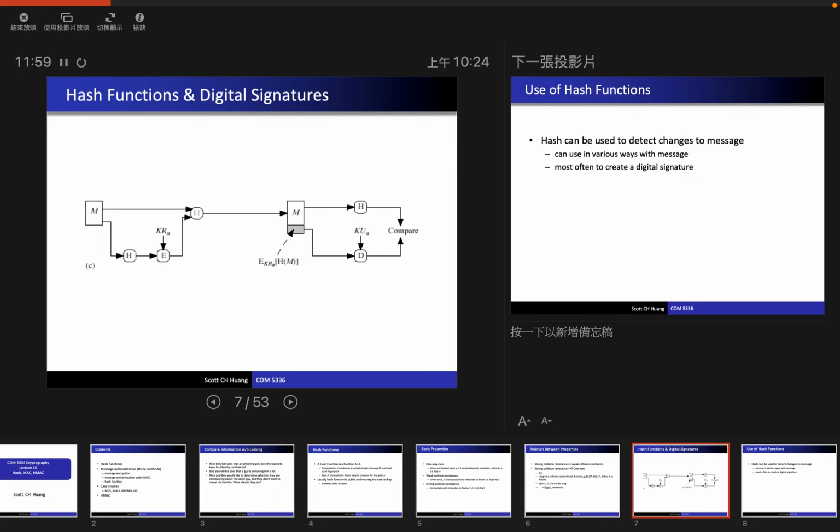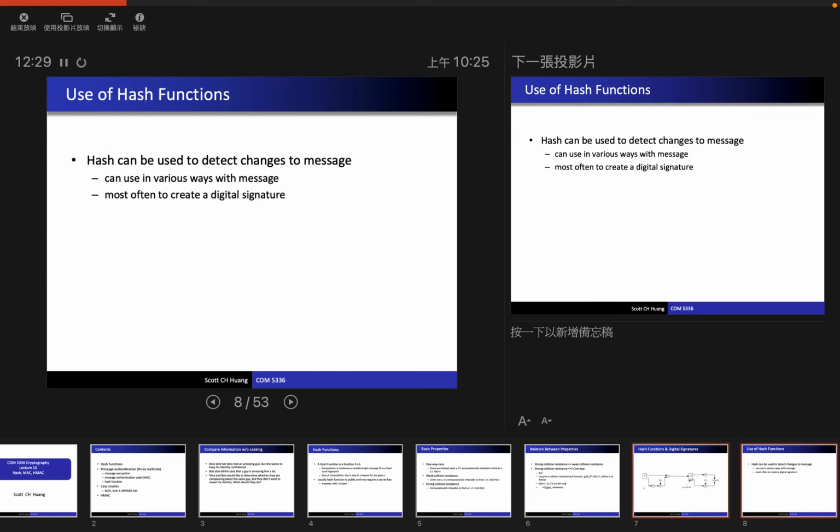If anything is tampered with, for example, the message has been tampered with, then it cannot be verified. The verification algorithm will give you a no. Or if the signature has been tampered with, you feed in the public key, it cannot be verified, and the verification algorithm will also give you a no.